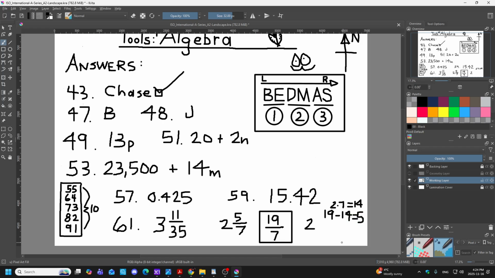Okay? That's how you get that. And the denominator is unchanged. You don't change the denominator. Okay? That makes sense? I hope so. That's how you do it.